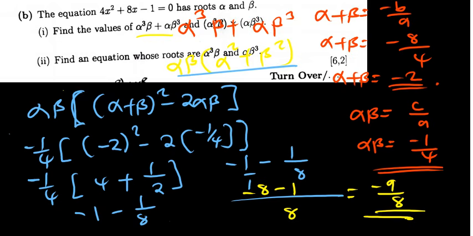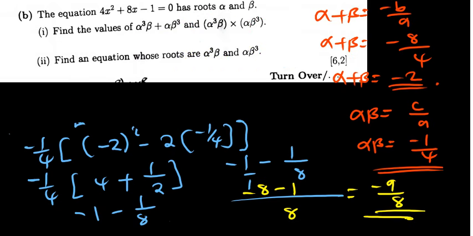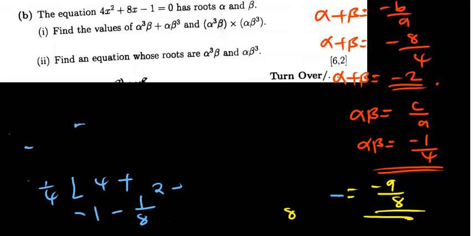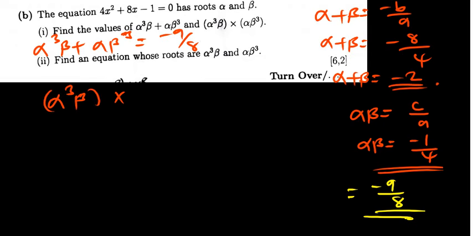But again, the question is also saying we need to find alpha to the power 3 beta plus alpha beta to the power 3, which is equal to negative 9 over 8. Another question is to find alpha to the power 3 beta times alpha beta to the power 3. This is direct.